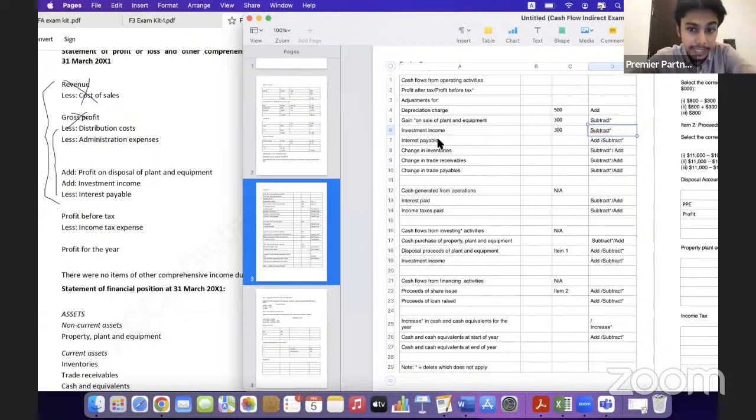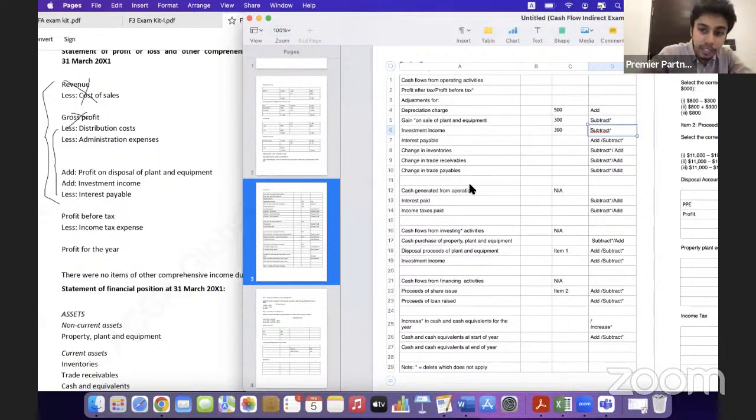Okay. Same like interest. Guys, can you remember in the earlier question, interest, I removed from one place and I copied it to the other place. Same concept. Investment income, we are removing from here because we get money through it, but we are removing it from operating activity because investment income is not an operating activity. It's part of investing activity, so we have to show it there.